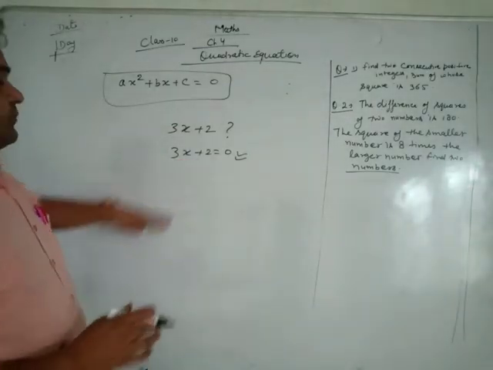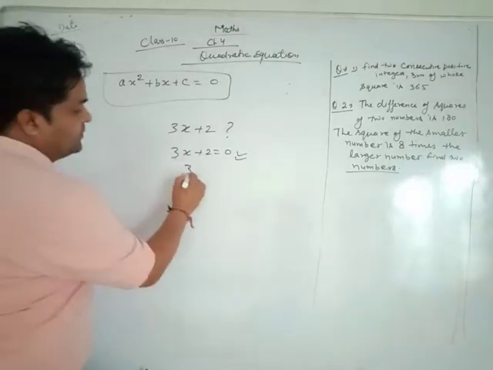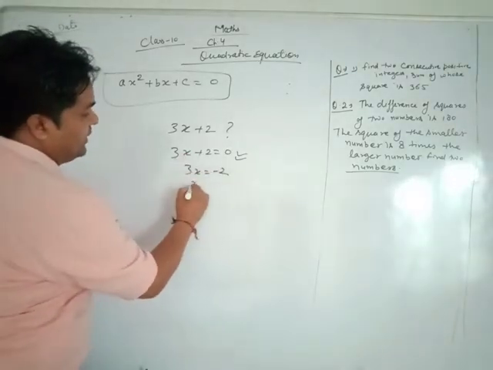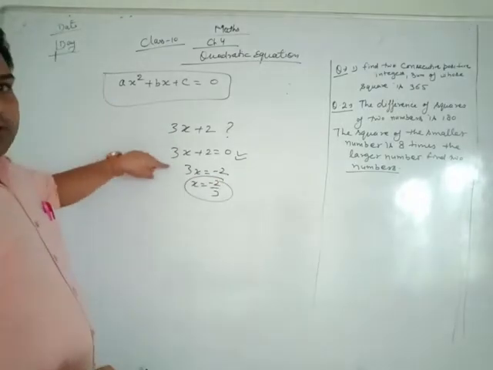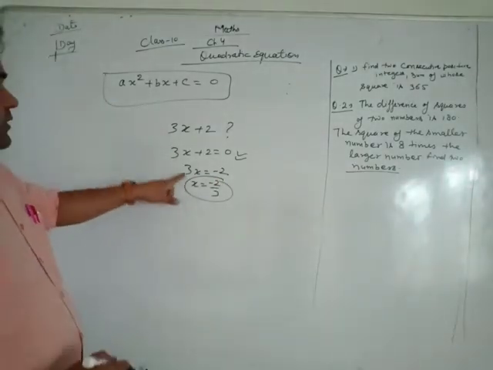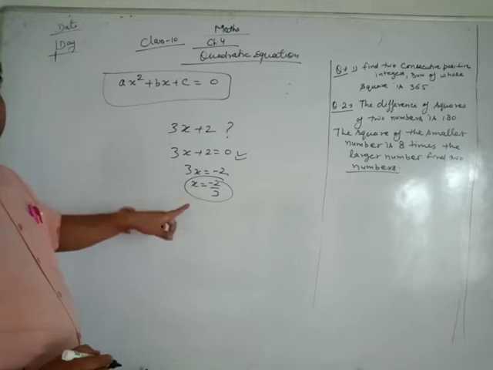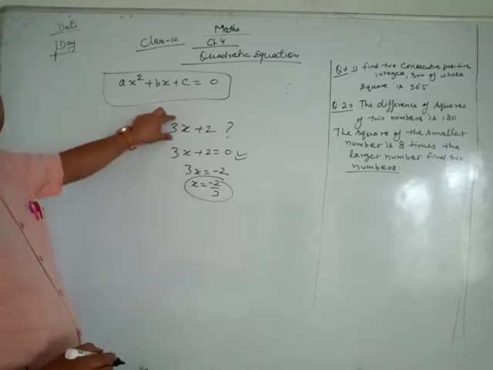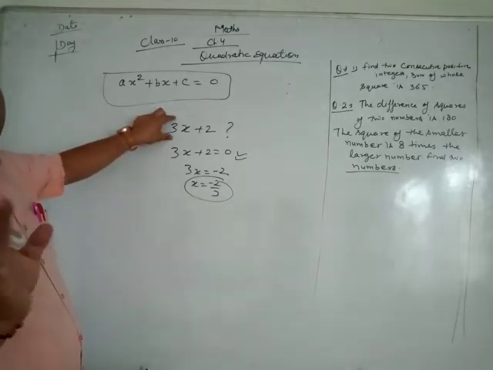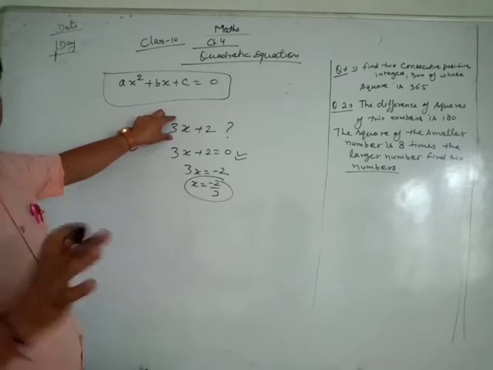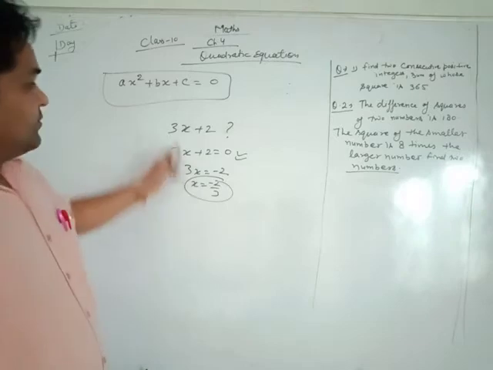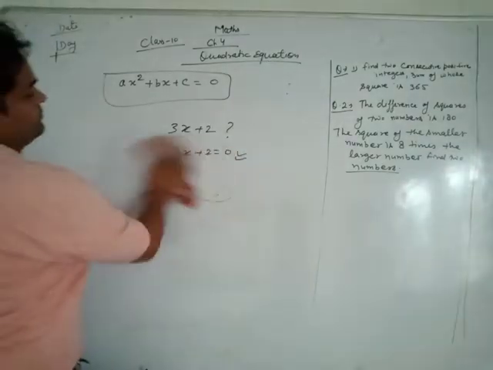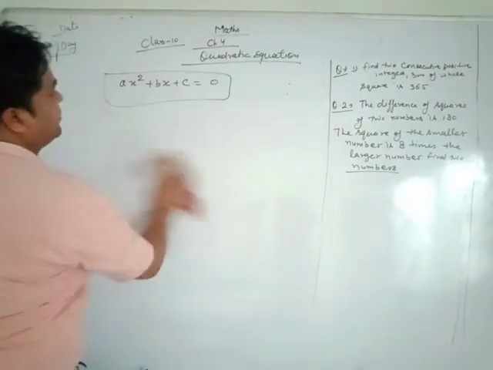You can see, 3x equal to minus 2, so x equal to minus 2 by 3. In the equation we find the value of x, but in an algebraic expression we can't find the value of any variable.